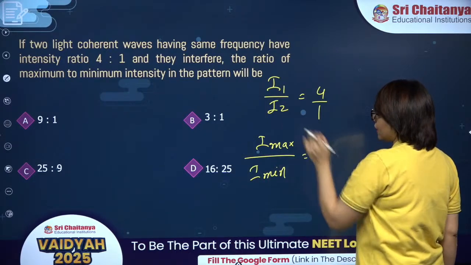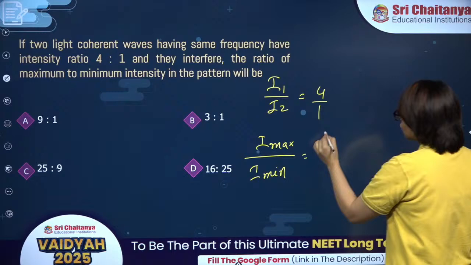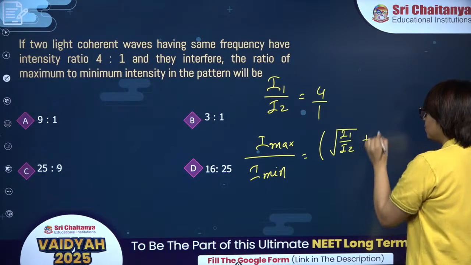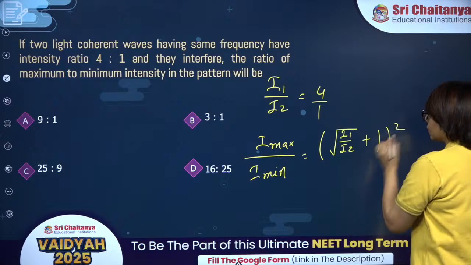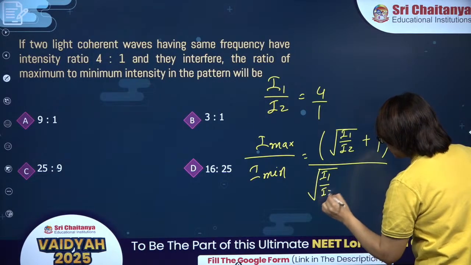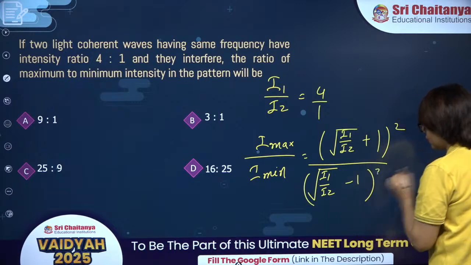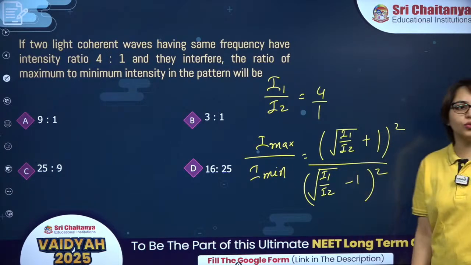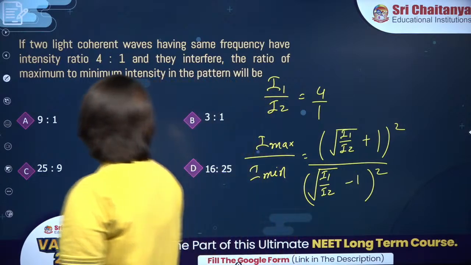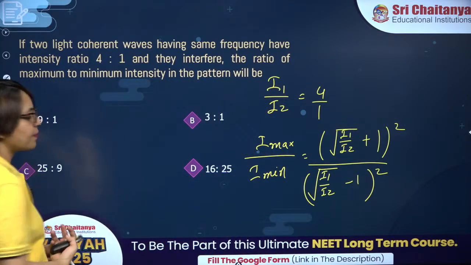So if I1 upon I2 ratio is given, you can use this one as shortcut. It is under root of I1 divided by I2 plus 1 whole square divided by under root of I1 by I2 minus 1 whole square. This is the ratio that you can use as a shortcut over here. Well done guys, well done. Good job everyone. Let's try this one.